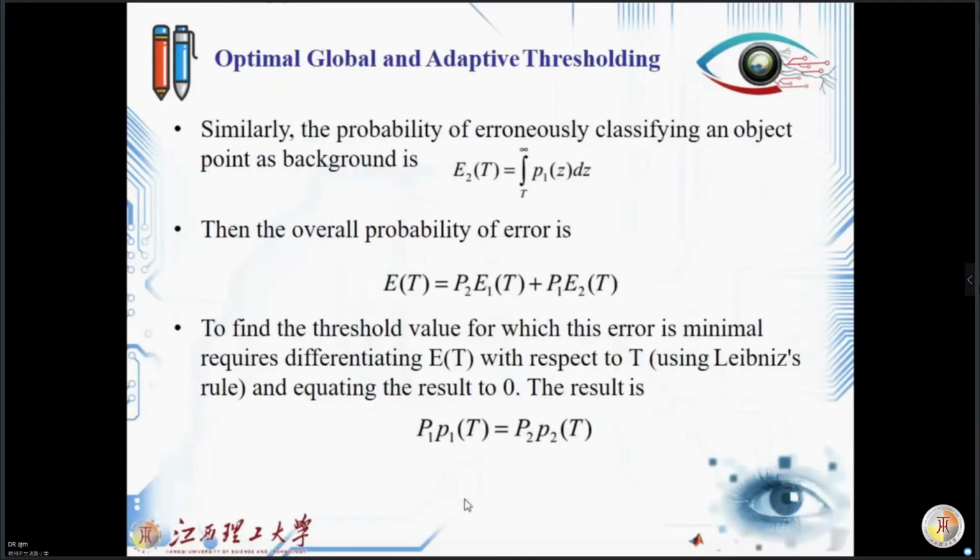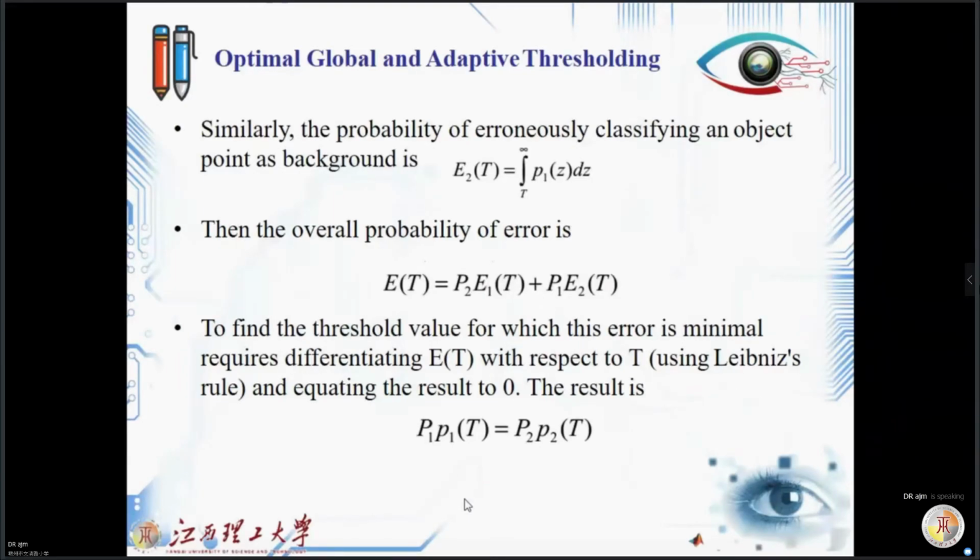Similarly, the probability of erroneously classifying an object point as background has its formula, and the overall probability of error is estimated as E(T) = P2 E1(T) + P1 E2(T). To find the threshold value for which this error is minimum requires differentiating E(T) with respect to T using Leibniz's rule and equating the result to zero.